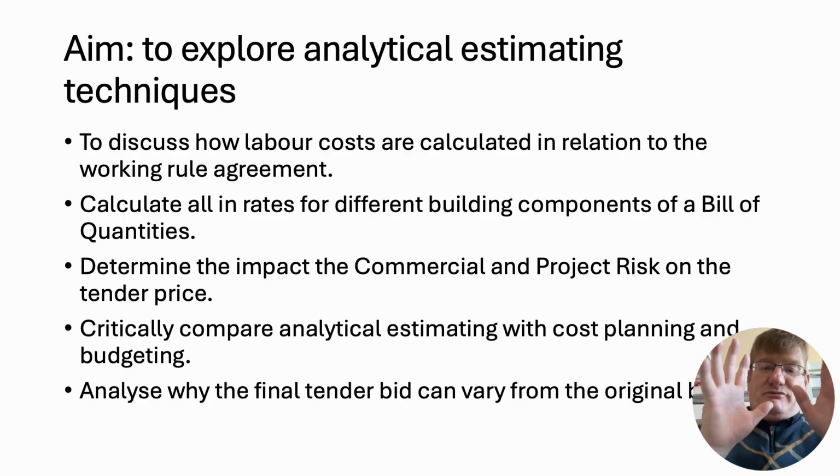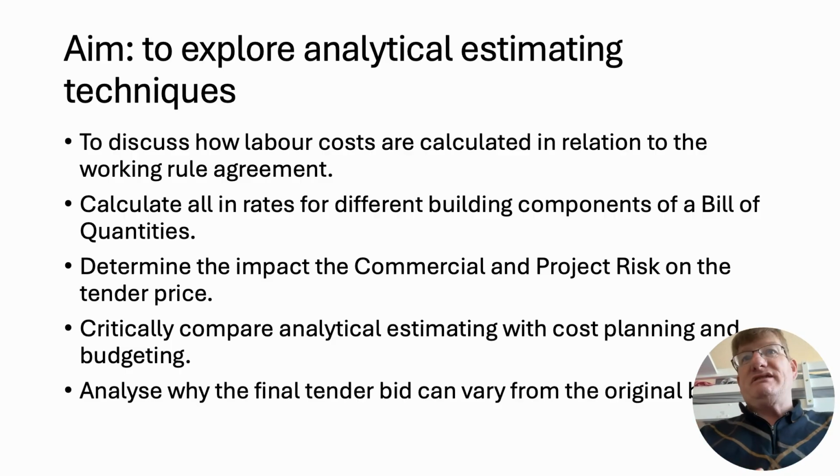As a result, you can use things like SPONs, and the BCIS database, the Building Cost Information Service database, to produce an estimate based on your elemental cost plan and create an elemental unit rate based on your approximate quantities.